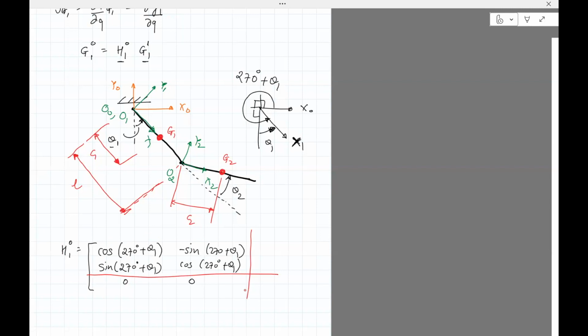This whole matrix that I wrote down is R10.